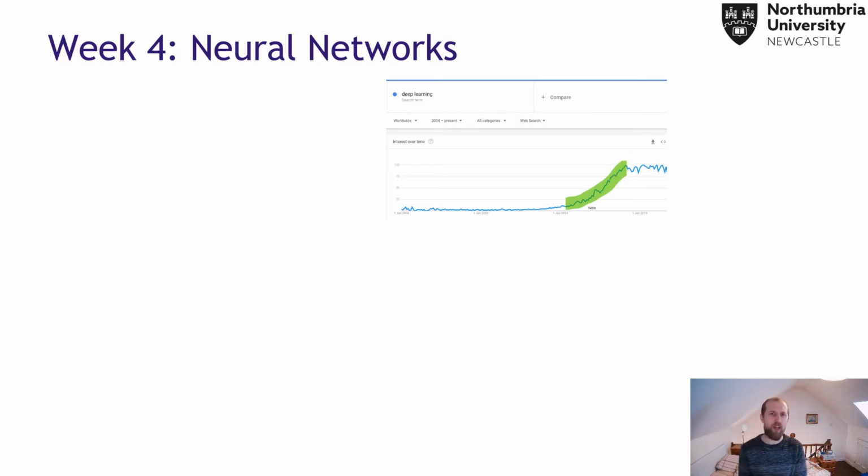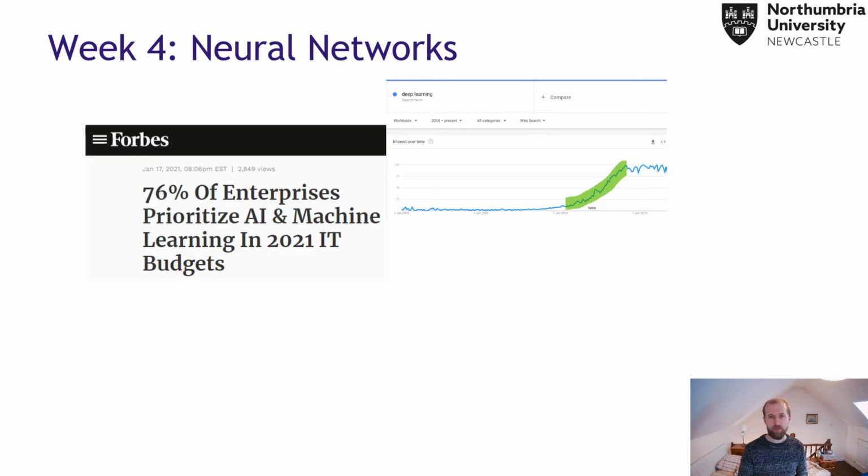Generally, industry and the real world is going to be a few years behind academia, and if you look at the number of papers that have machine learning, you see a similar trend, but a few years earlier. But it's safe to say that there's loads and loads of people that have now become interested in deep learning, and when you come to look at jobs, this is becoming a more and more important skill.